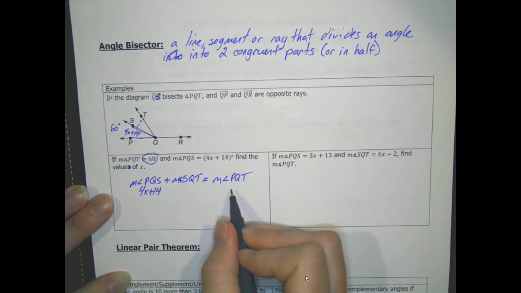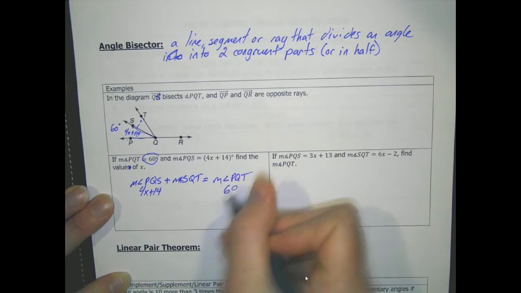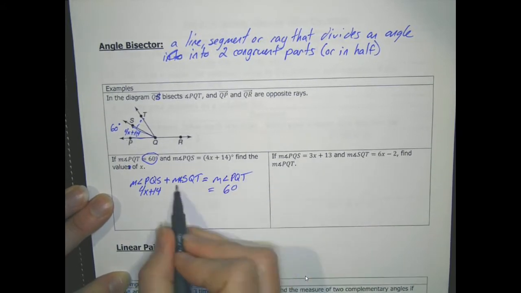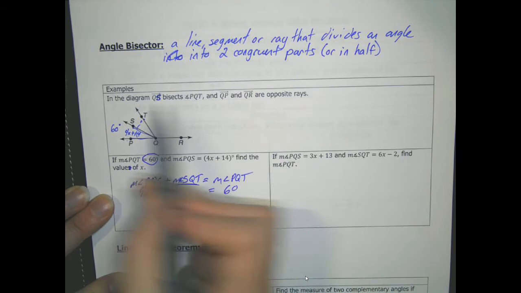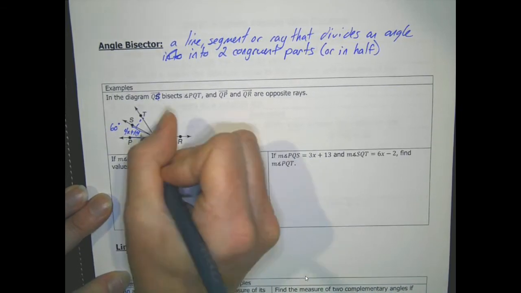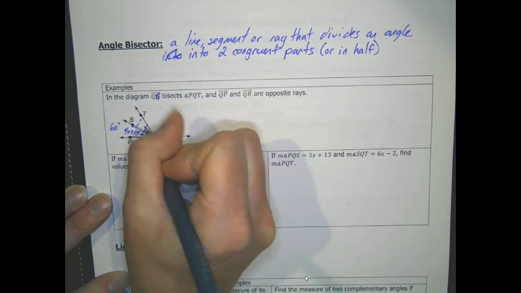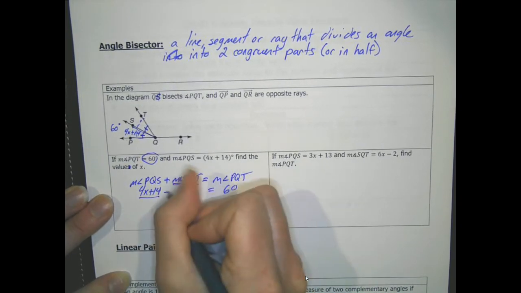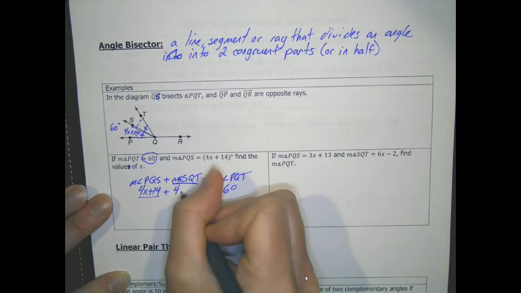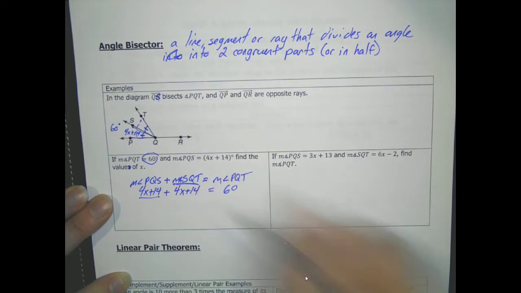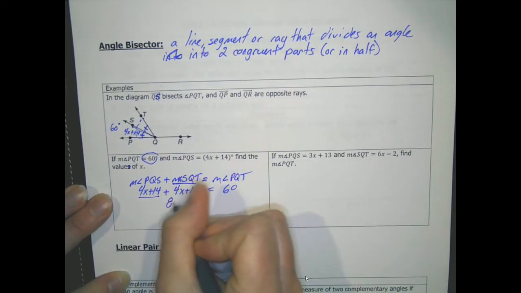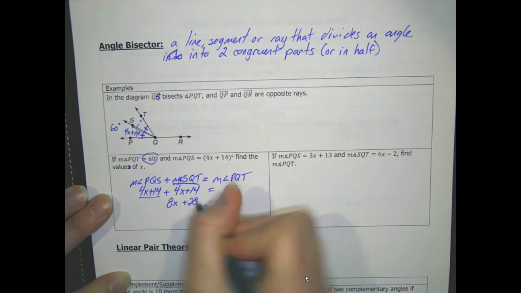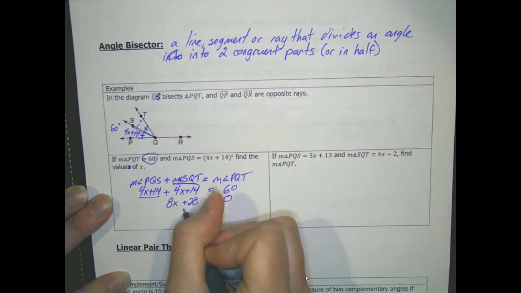PQT is 60 degrees. We are missing this part right here, but since QS bisects, this part is the same as this part right here. So this first part, PQS, is 4x plus 14, then SQT must also be 4x plus 14. So that's going to be 8x plus 28 is equal to 60.